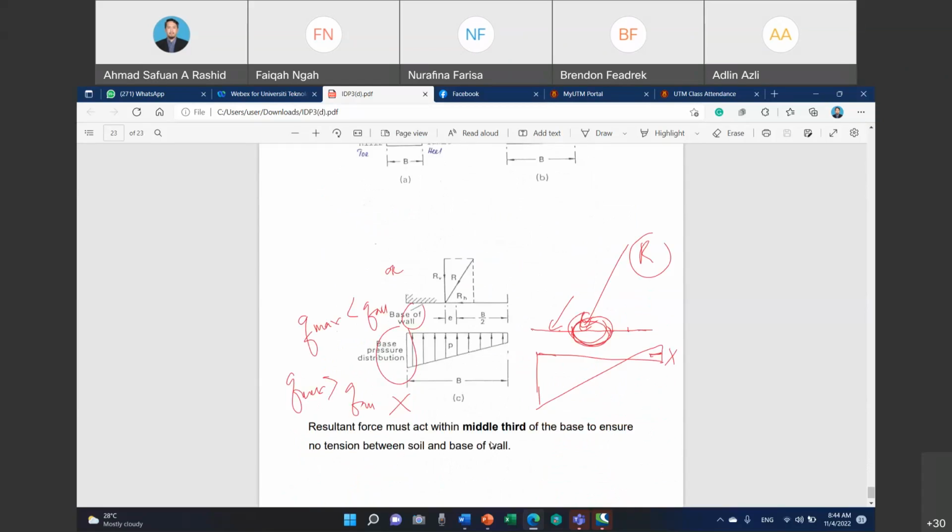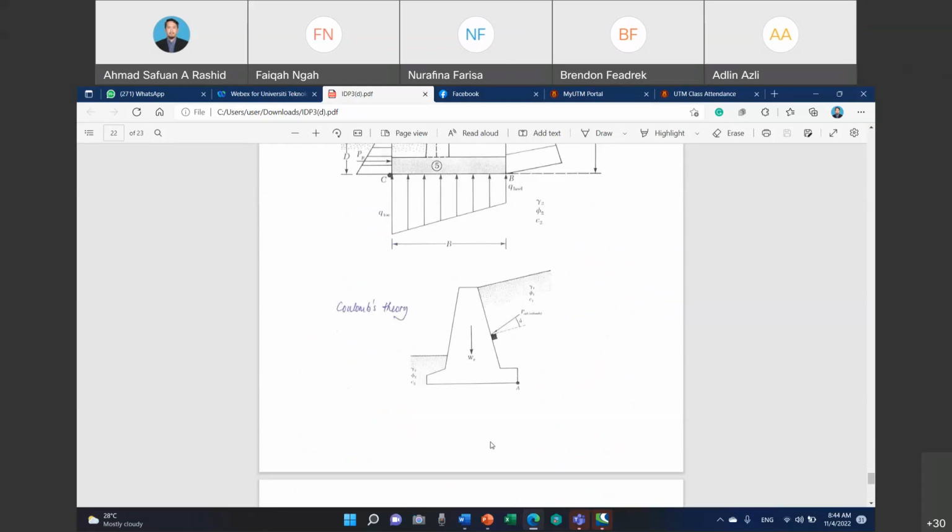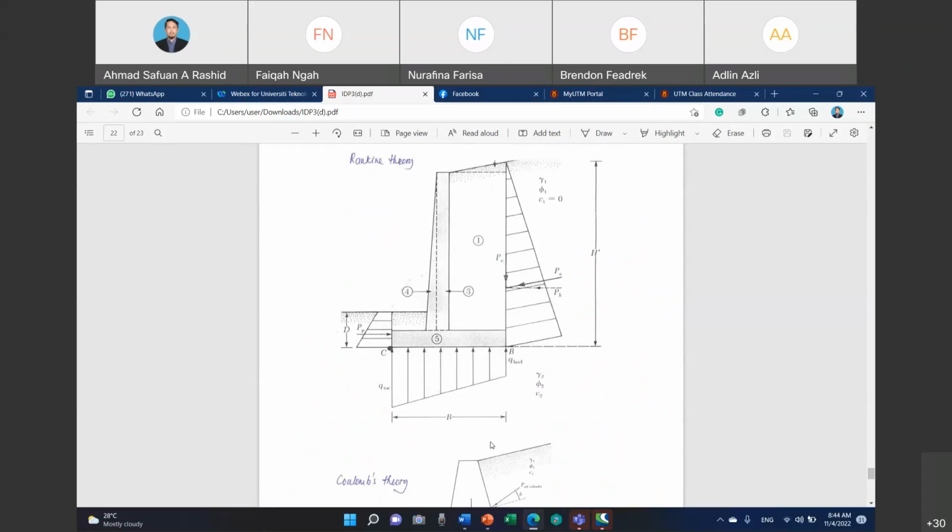Then the last one is for you to determine the stability. Okay, the stability ada 3. Okay, which is first, this retaining wall, okay, will be rest on the soil, and you need to check the capacity of the soil, okay, in terms of the bearing capacity, okay, and it should be greater than the weight of the retaining wall with this additional of soil of the backfill.